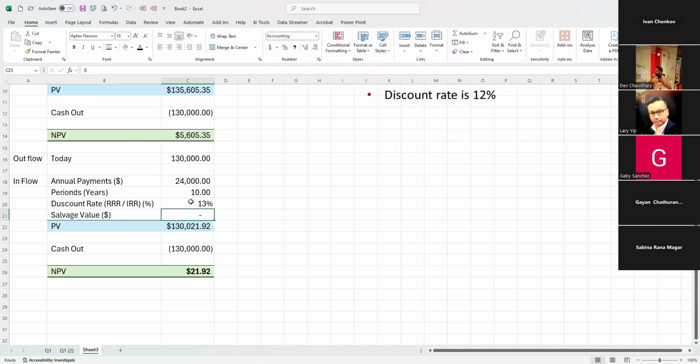I mean, now I have to start playing with the numbers here to see exactly at which point we're reaching the 0 point. So the actual rate that this project is going to give us as a return is going to be 13.44 maybe.